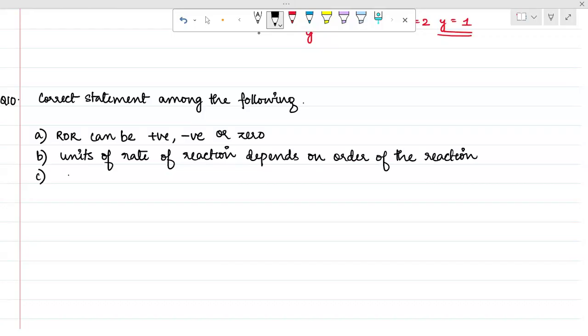Option C, average rate and instantaneous rates can be equal.